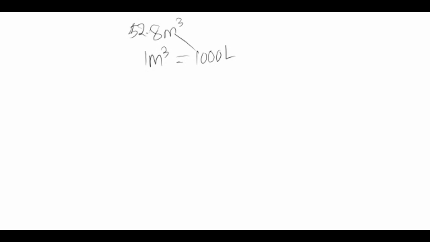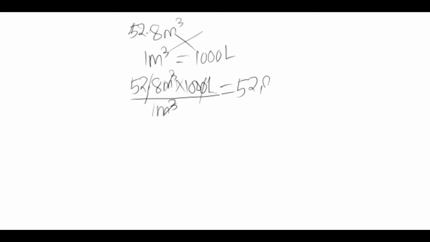So we cross multiply: 52.8 meters cubed multiplied by 1000 liters, divided by 1 meter cubed. Meter cubed and meter cubed will cancel. The 0s will go with the decimal point. So we have 528 times 100, which will give us 52,800 liters.